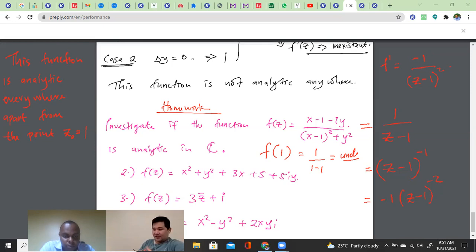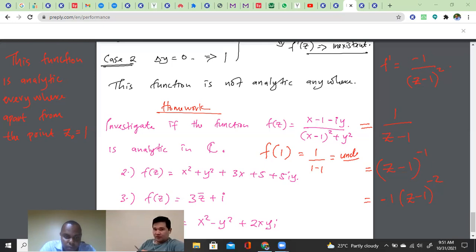First, the derivative, where we find the derivative of our function, or second, we can use the Cauchy-Riemann equation. For the derivative, we can use the first principle formula, or we can use our differentiation rules.